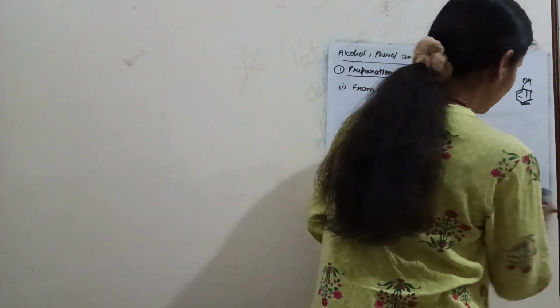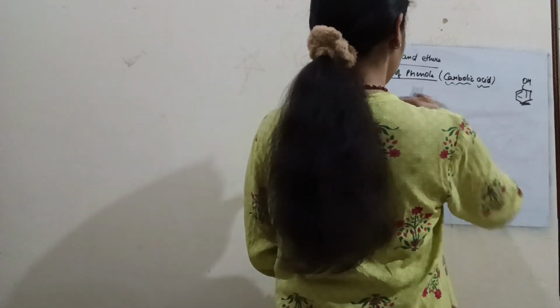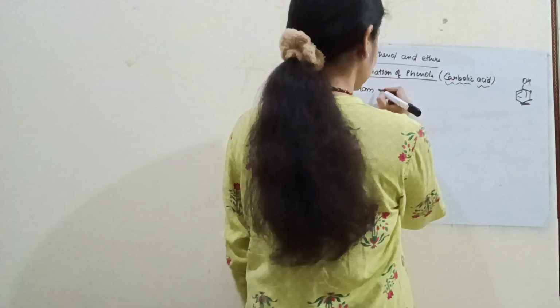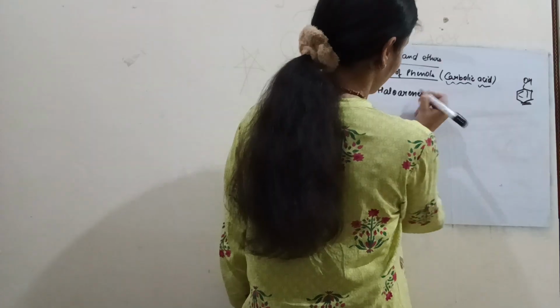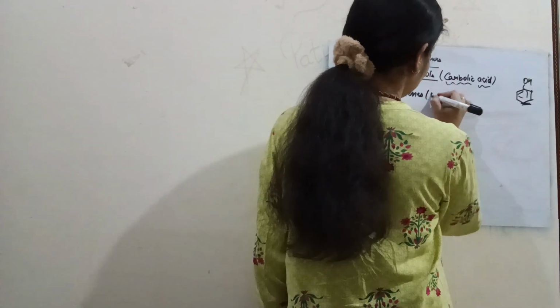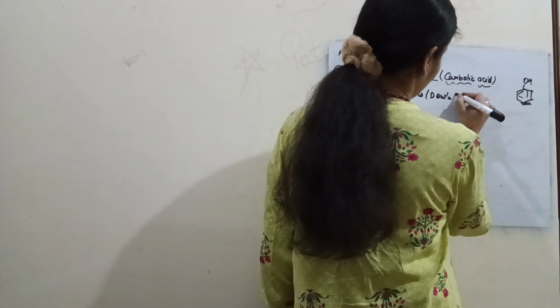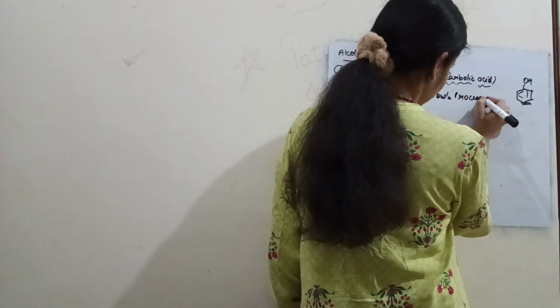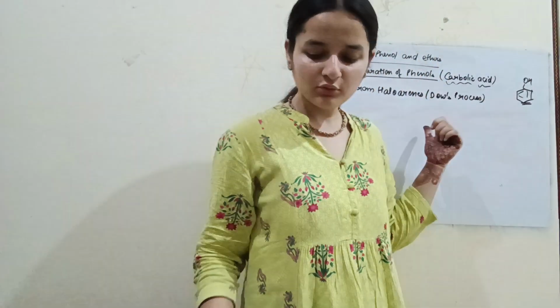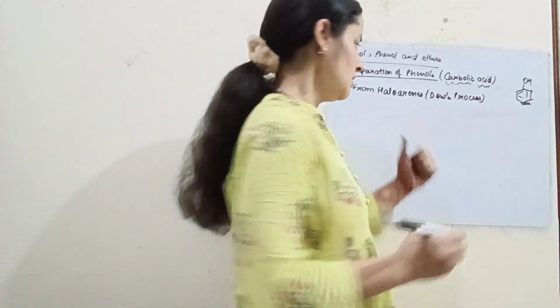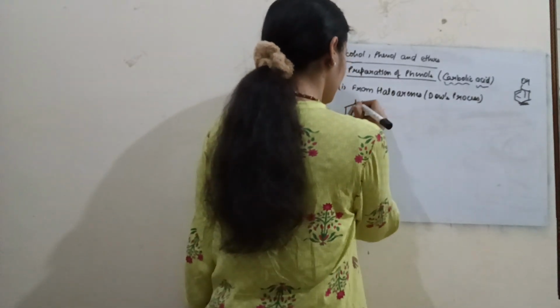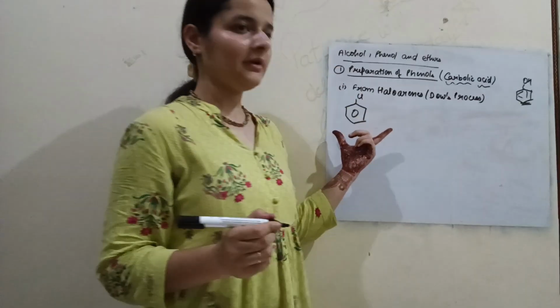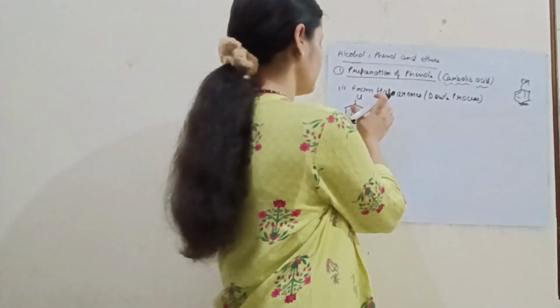Now I am going to start with the second preparation of phenol, from haloarene, and this is also one of the important preparations of phenol from haloarenes, that is Dow's process. So basically we use chlorobenzene over here.